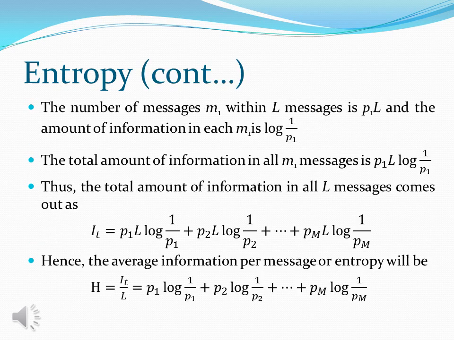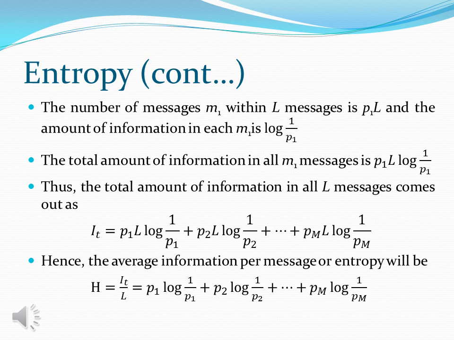The number of messages m1 within L messages is p1L, and the amount of information in each message m1 is log 1 by p1. The total amount of information in all m1 messages is p1L log 1 by p1. Thus, the total amount of information in all L messages coming out is I total equal to p1L log 1 by p1 plus p2L log 1 by p2.